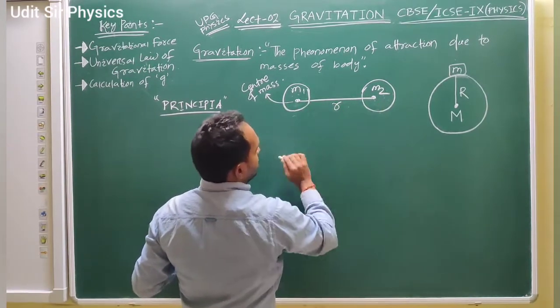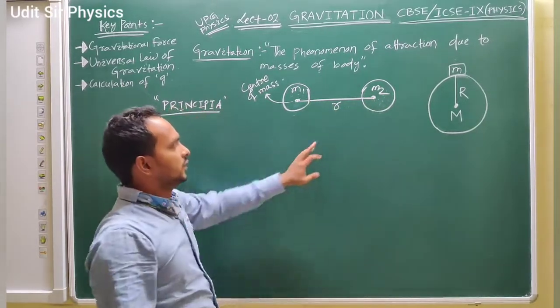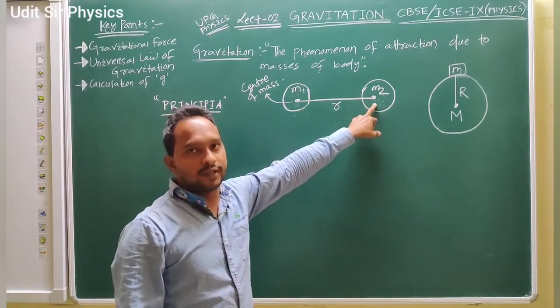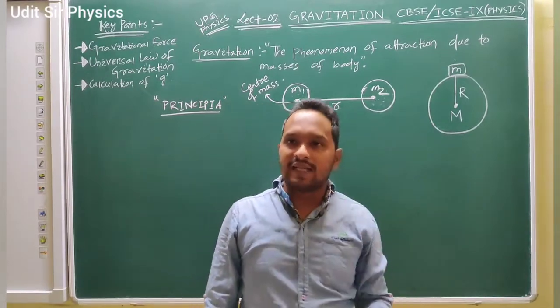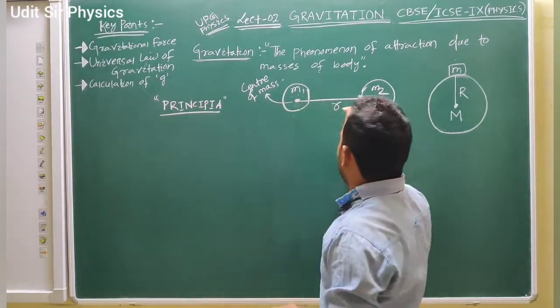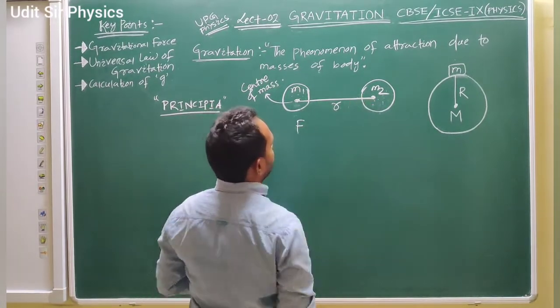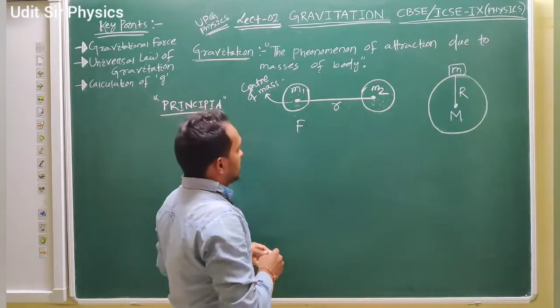The distance between the two masses is r, the distance between the two points. Sir Isaac Newton mentioned that the force is acting between them.